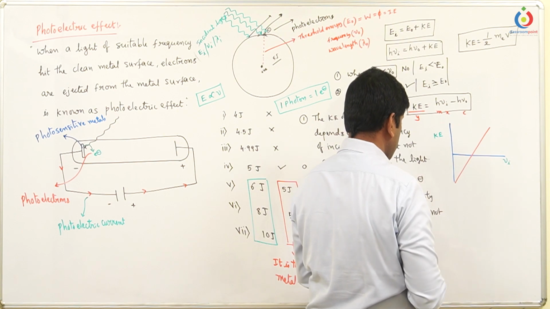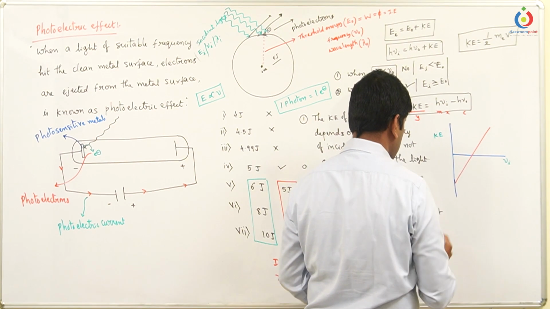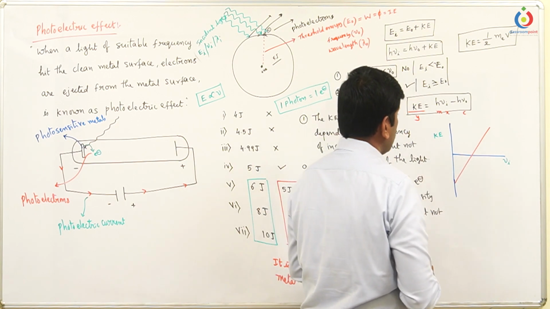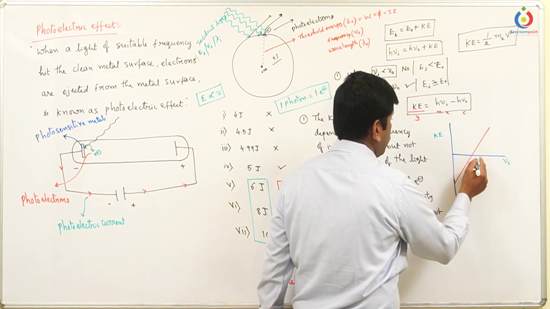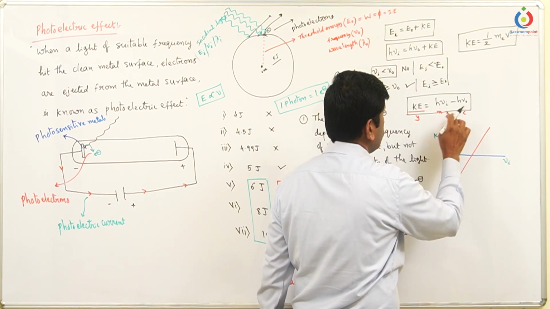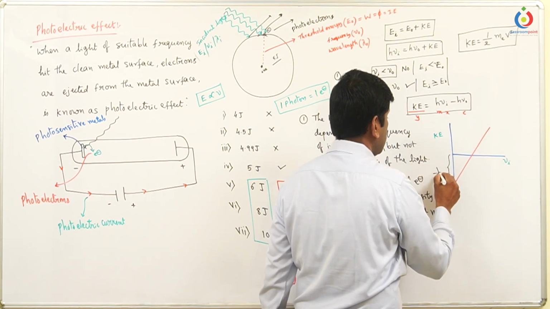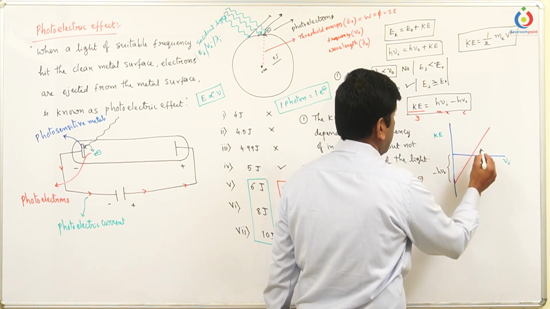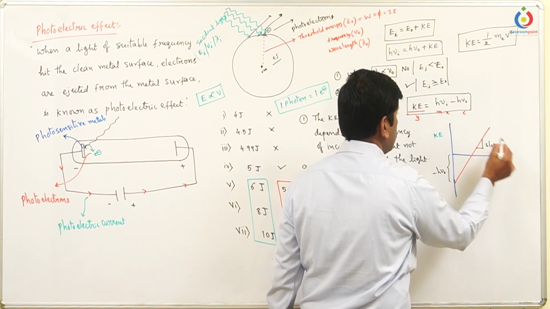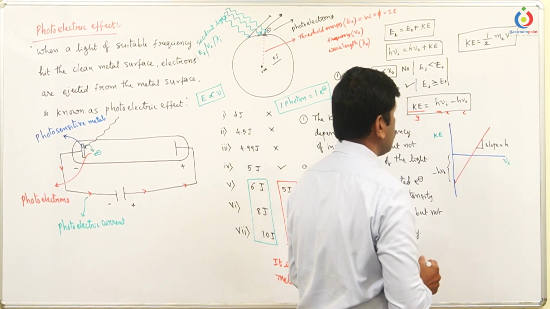The intercept value is C, that is minus h nu naught, and the slope is equal to Planck's constant.